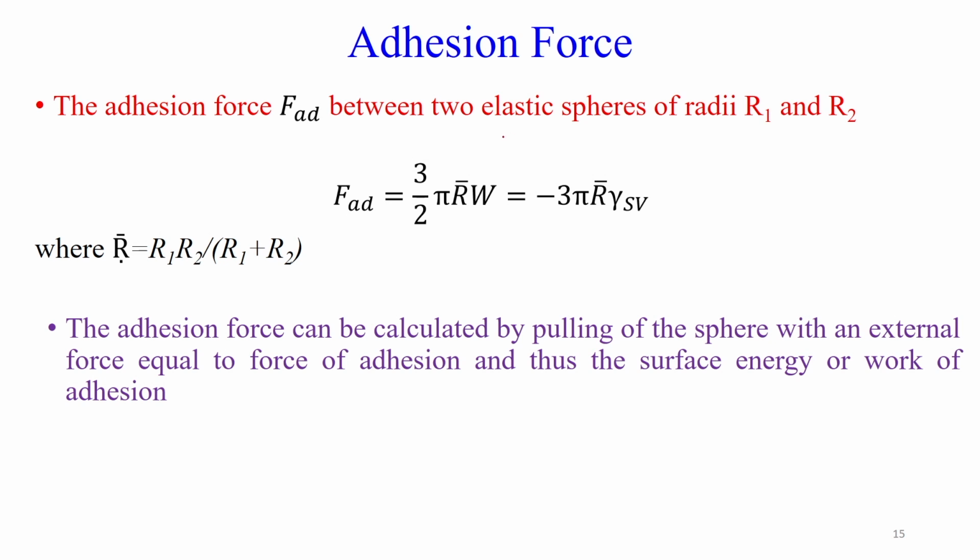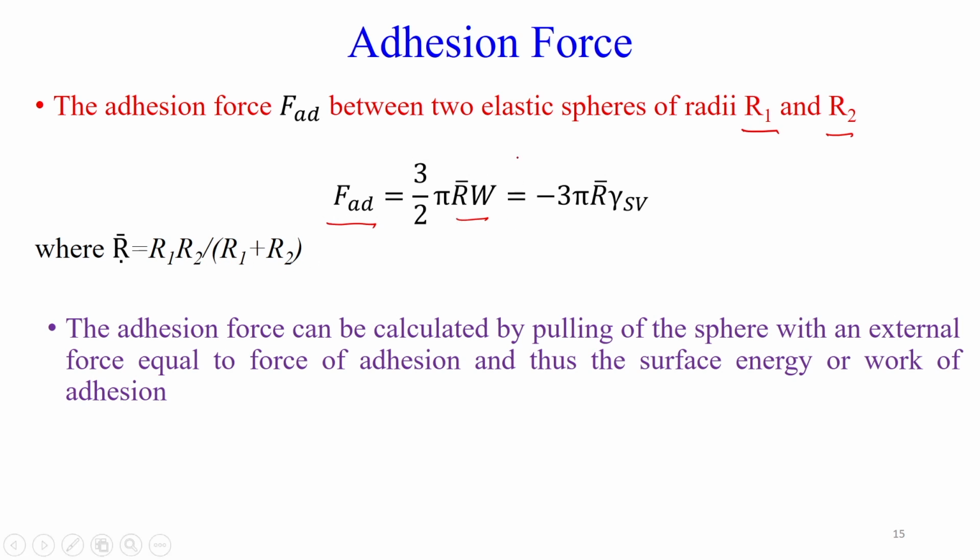Let us consider the 2 elastic spherical molecules, they are having radii R1 and R2. So, the work of adhesion is given as 3 by 2 pi R W. W is the work of adhesion, F is the adhesion force. Now, R is R1 into R2 divided by R1 plus R2.